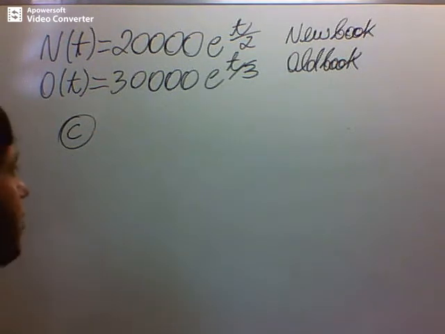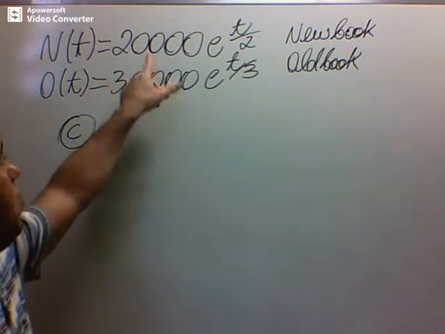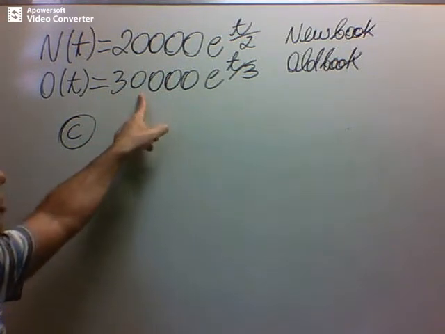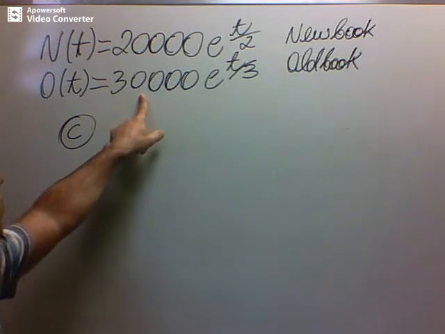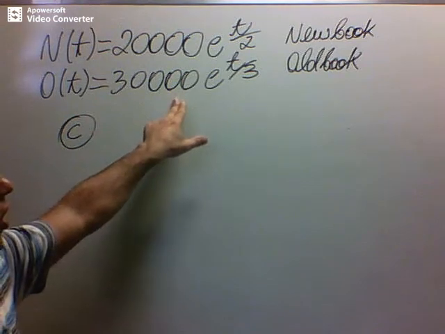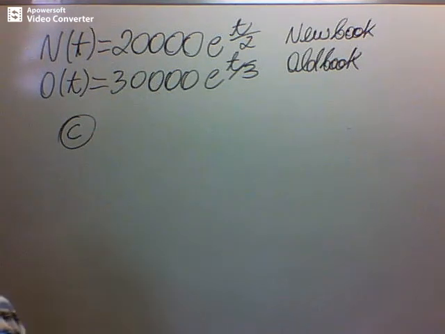In letter C we want to calculate the value that new book is going to need to have in order to have the same number of users of old book, but old book began 5 years before new book, okay?